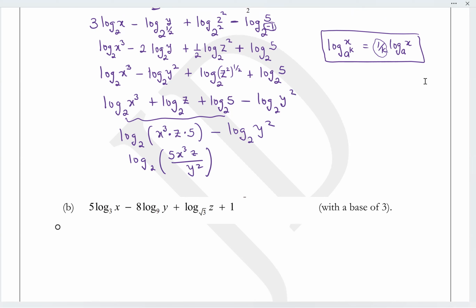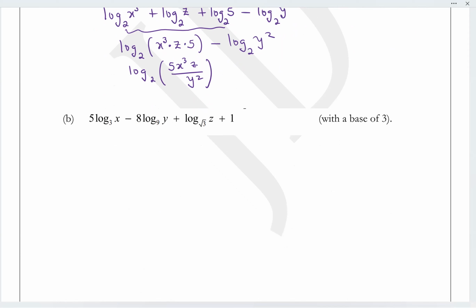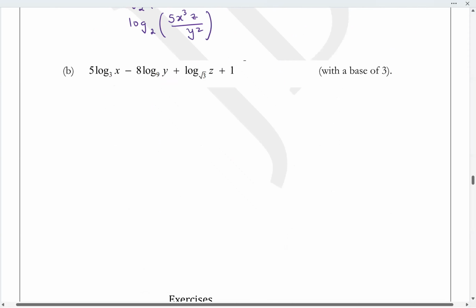Right. So we have a similar one here. Now we have base what? Base 3. We want to go to base 3. So we will do it the same way. This will just be 5 log to base 3 of x.